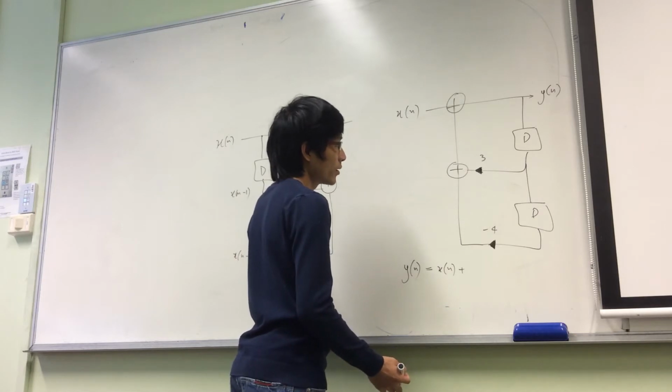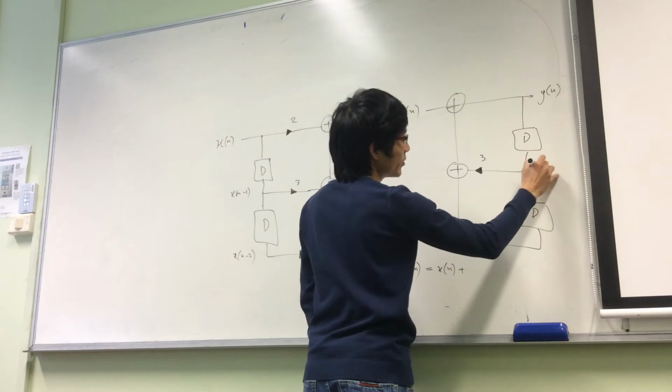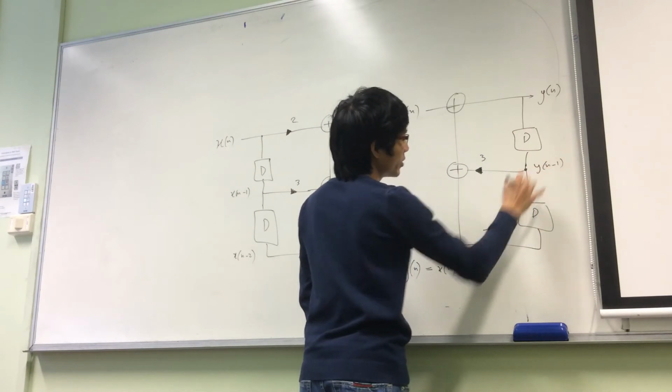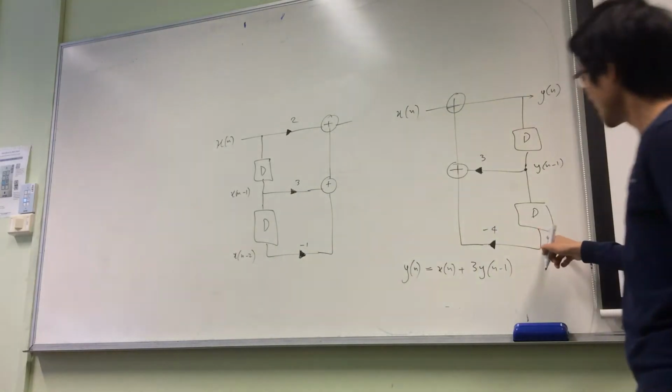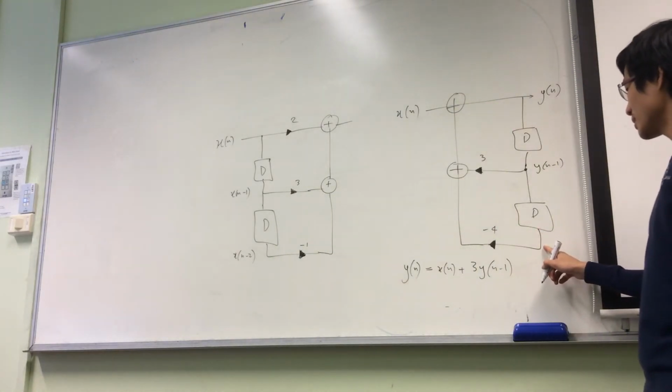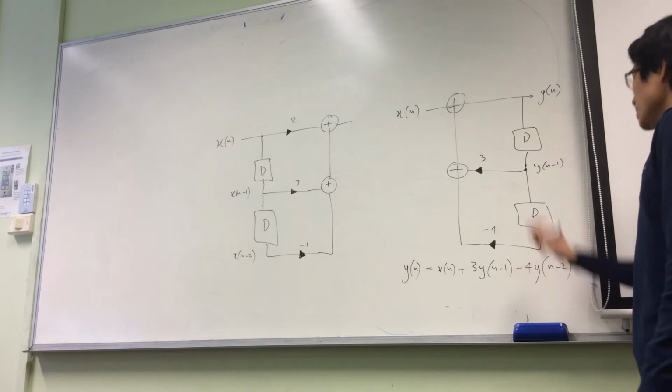What about the constant? This 3yn minus 1, right? 3yn minus 1, and minus 4, minus 4 yn minus 2.